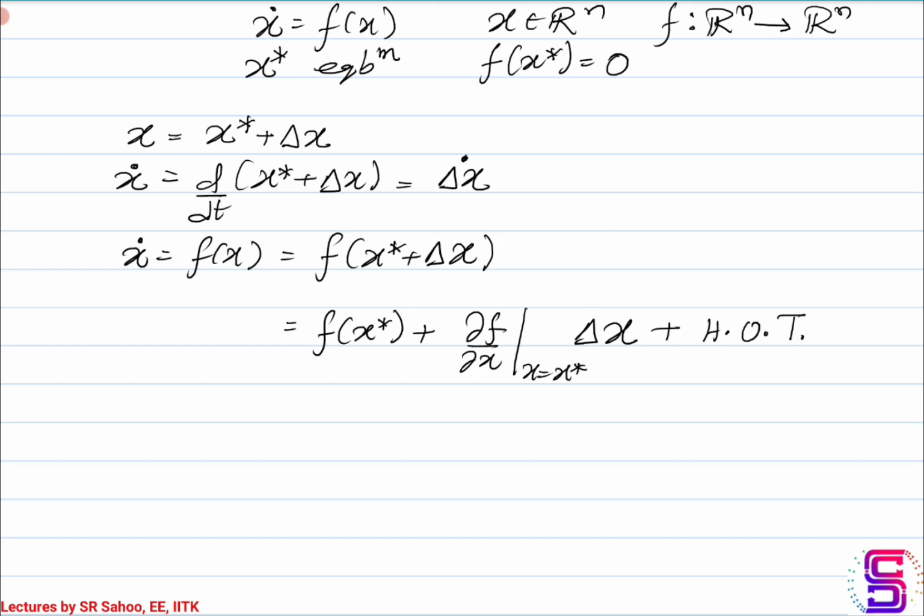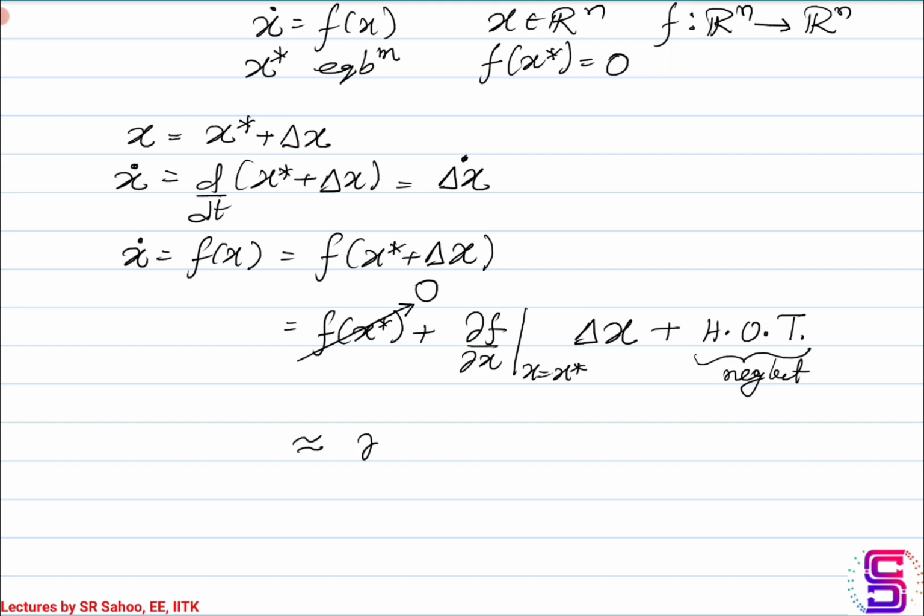Now, because delta x is small, these higher order terms can be neglected. Of course, f of x star is 0.